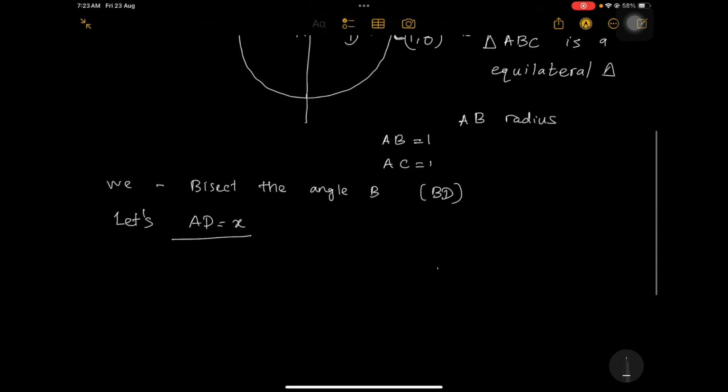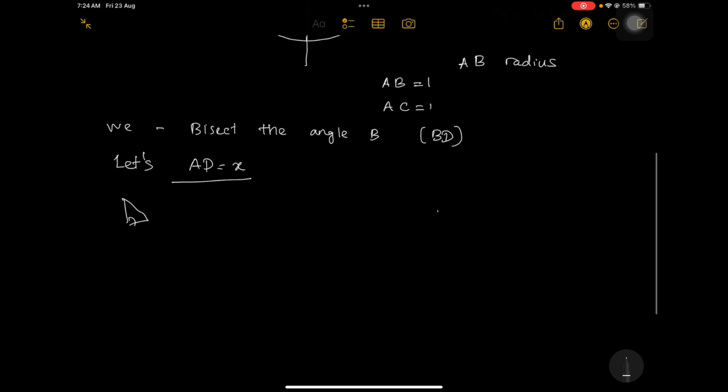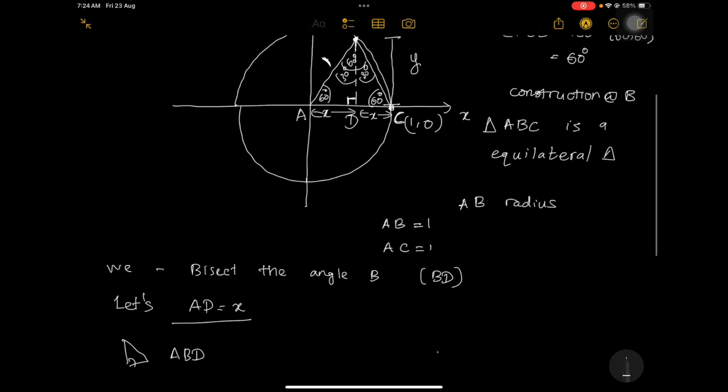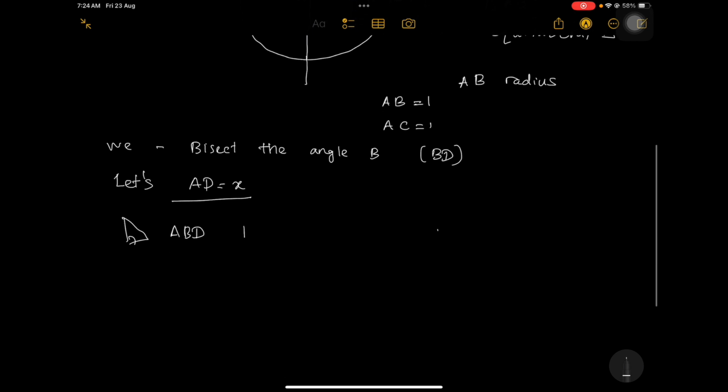So I'm going to take the triangle ABD. It's a right angle triangle, so we're going to use the Pythagorean theorem.